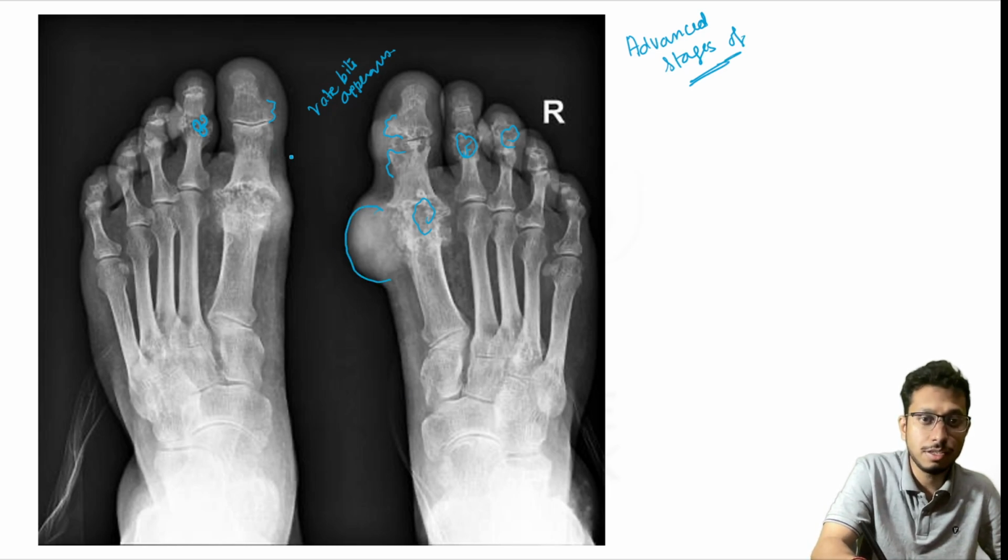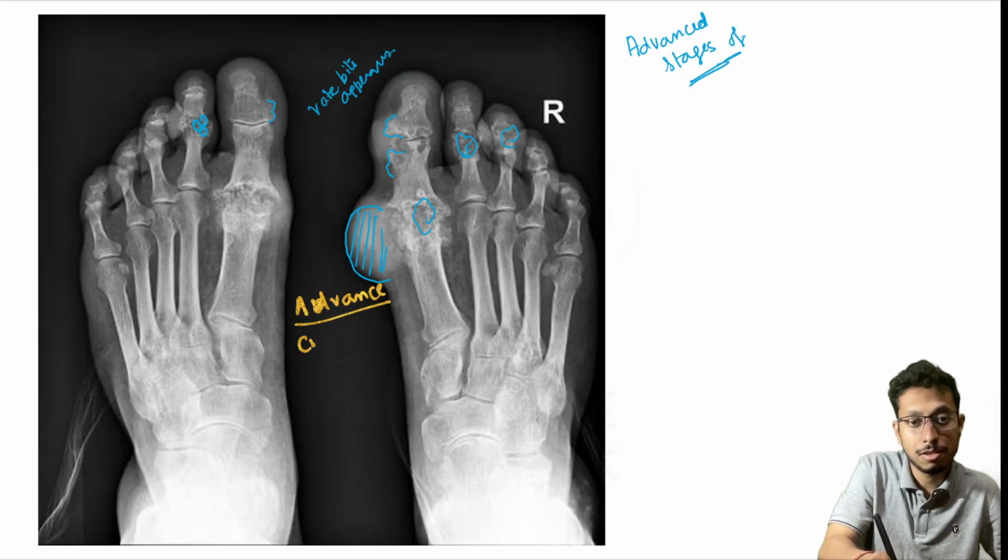Okay, tophaceous masses. So what are the findings that can be seen in X-rays only in advanced cases? These are cystic changes, number one. Then there are erosions, number two.